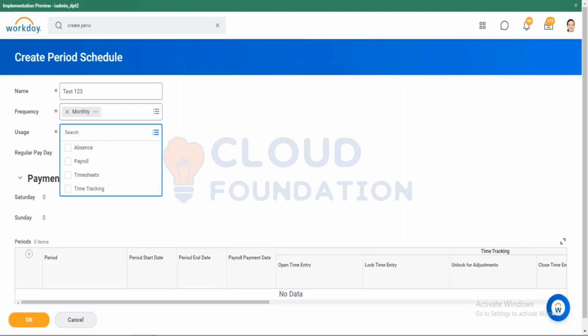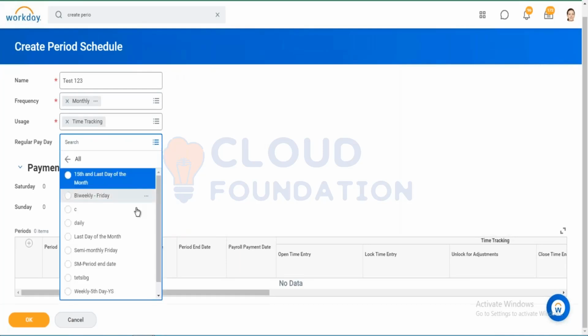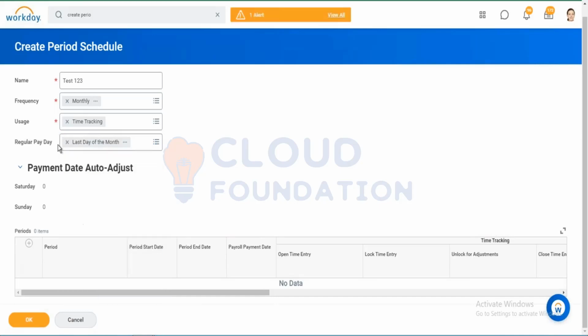For example, let's first do it for time tracking. If I click time tracking, and if I have added this over here, this is not necessary, I just did it for fun.